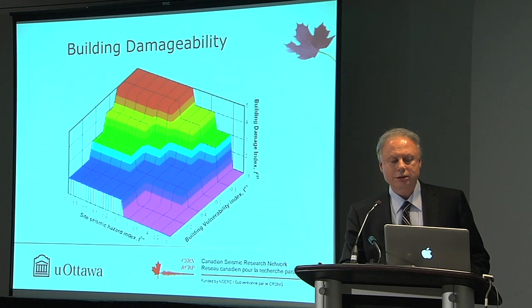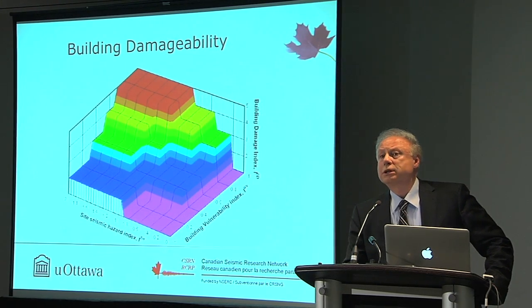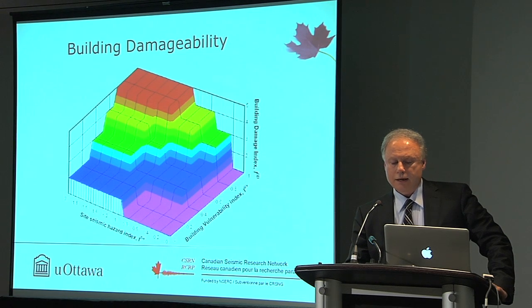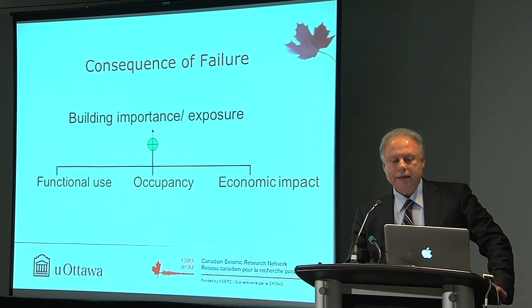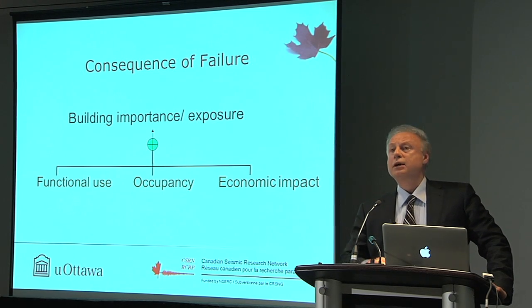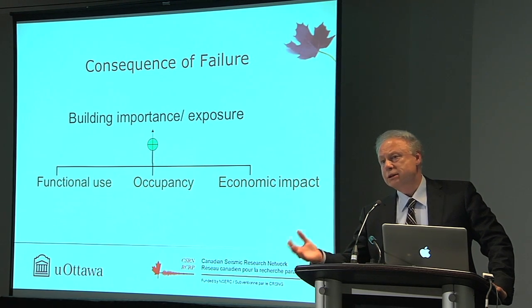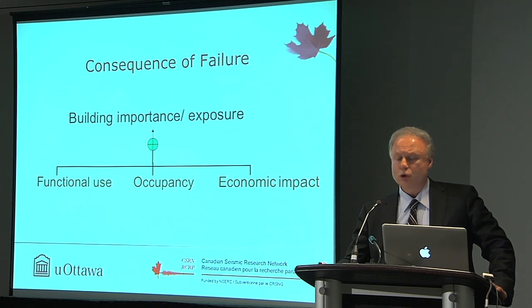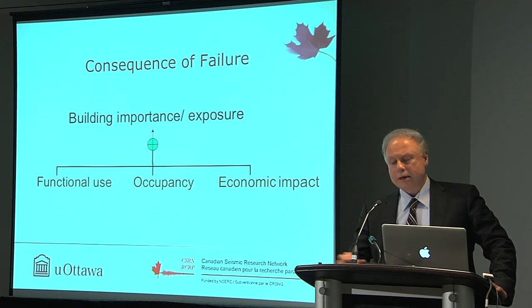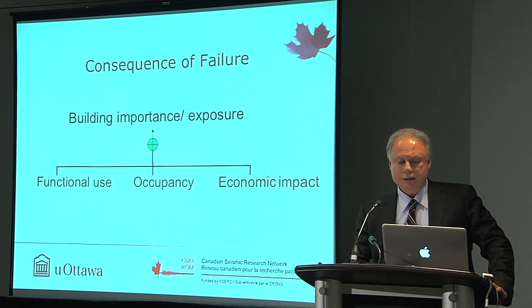So with all these factors considered, we can quantify building damageability on this scale, and then we can introduce consequence of failure, again, as I said, exposure, and here functional use, as in the case of post-disaster buildings, or occupancy, whether it's an office building or a farm building, or economic impact. All of these factors are considered.